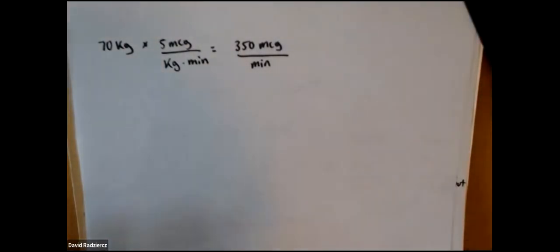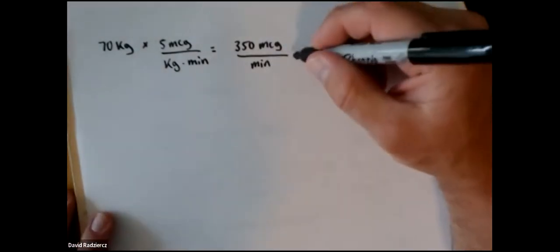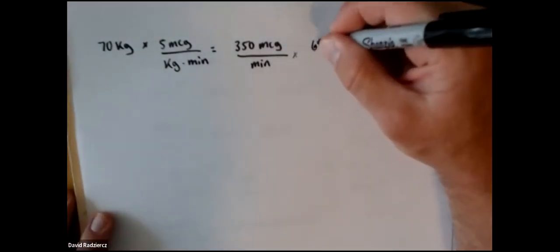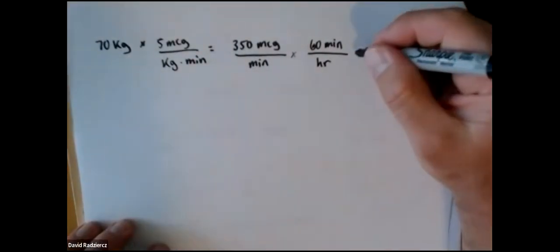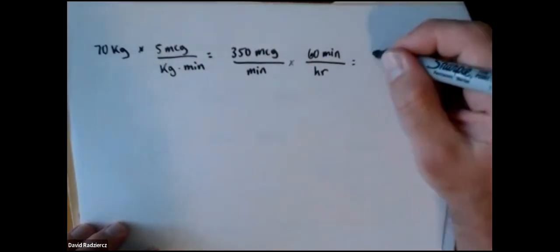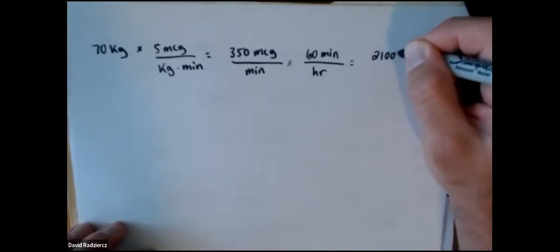What I'm going to recommend before you even do that is go ahead and just convert minutes to hours, just to kind of get this out of the way. It'll also make that number nice and big, and it's one less thing you have to do later on.